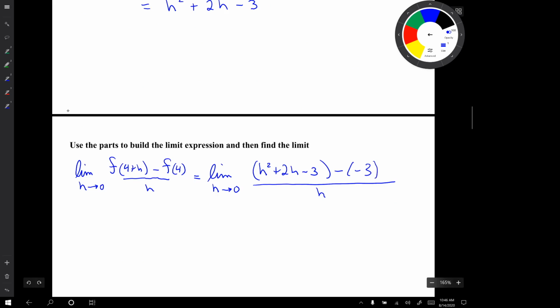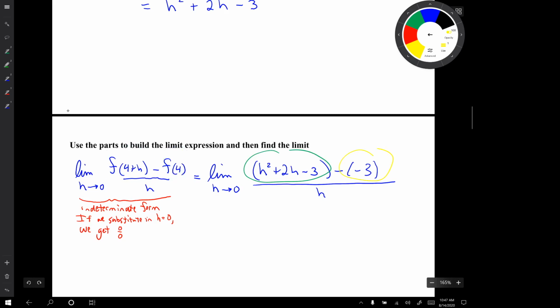Now notice that the original limit was, as I said, an indeterminate form, because if we substitute in h equals 0, we would just get 0 over 0. Well, notice we've now replaced these expressions with the formulas that they represent.